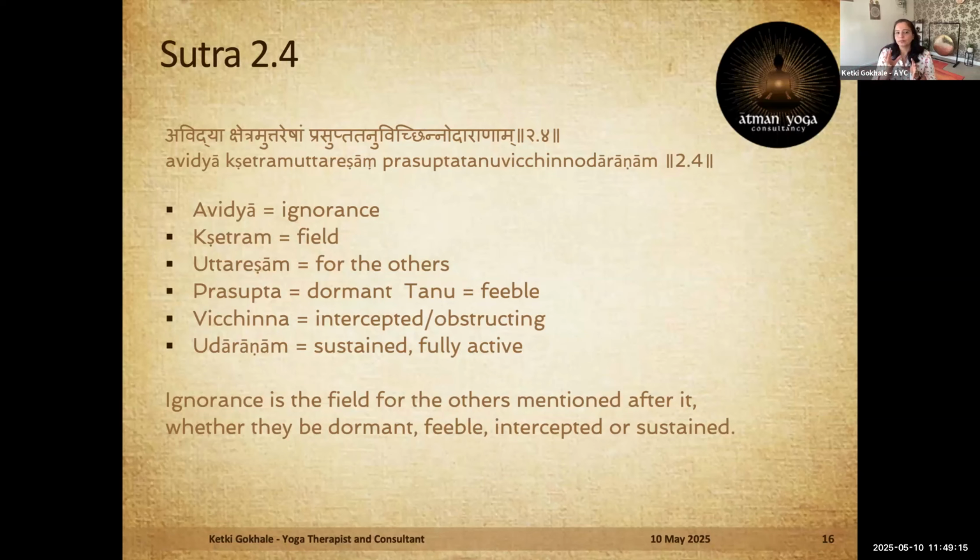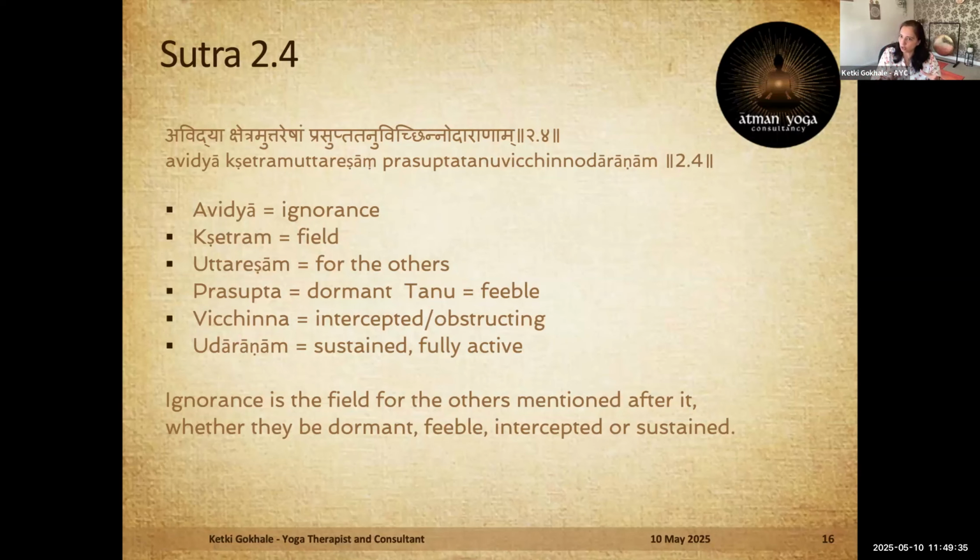Now, these kleshas can be in different categories. Either prasupta, that is dormant; tanu, feeble; vichhinna, obstructing, intercepted; or udaranam, completely active, strong.